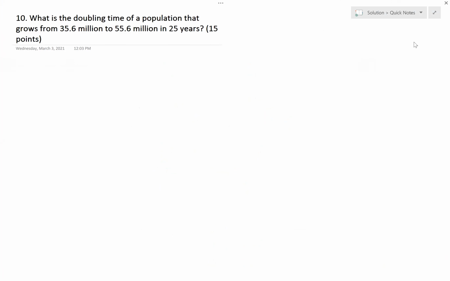The first step is to find the annual growth rate K from the given condition. So N0 equals 35.6 million, NT equals 55.6 million, and T is 25 years. From here, we will be able to find K first. And once you know the annual growth rate, then we will work on the doubling time.